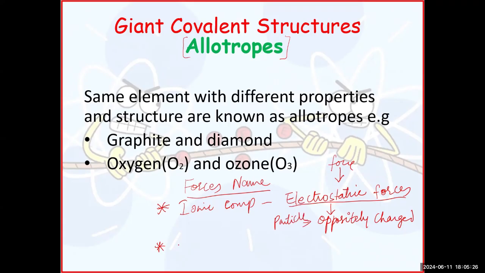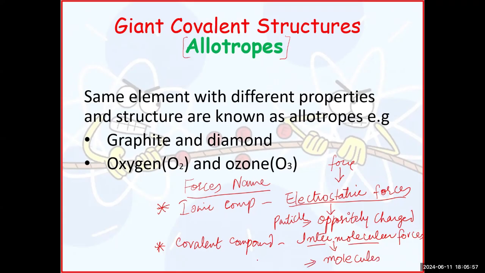Now, when it comes to covalent compounds and specifically small molecules, the forces are named intermolecular forces. Note it down, very important. Intermolecular forces exist between what? The name itself is telling you: intermolecular. That means the particle in a covalent compound is molecules.